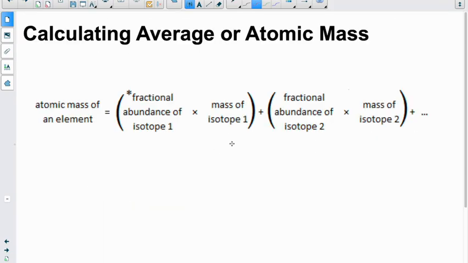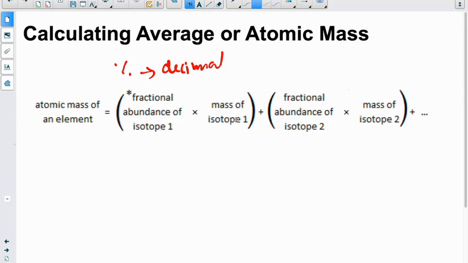Here's how we calculate average atomic mass. So the atomic mass of an element, or the average atomic mass of an element, is calculated by multiplying the fractional abundance. Fractional abundance basically means that you take that percent abundance and you convert it to a decimal form. I'll show you an example.